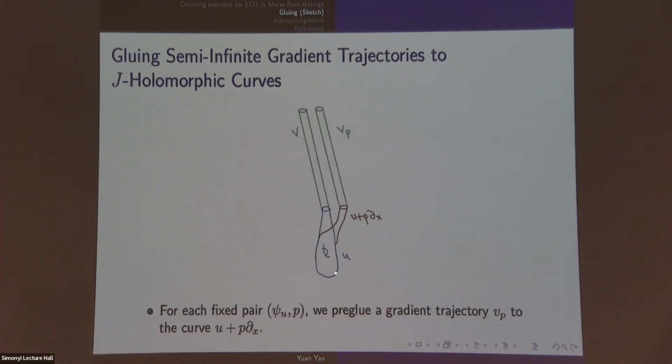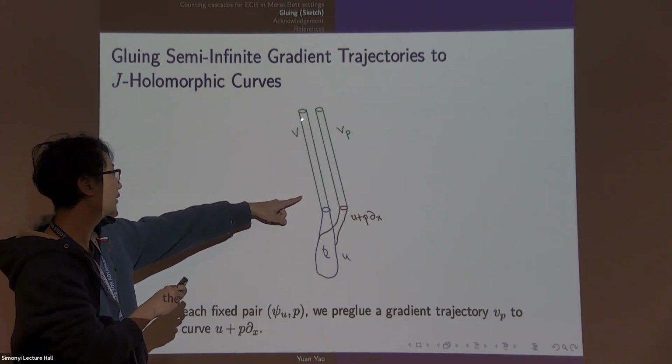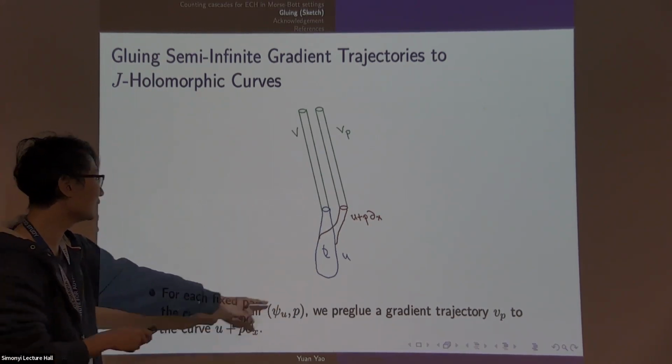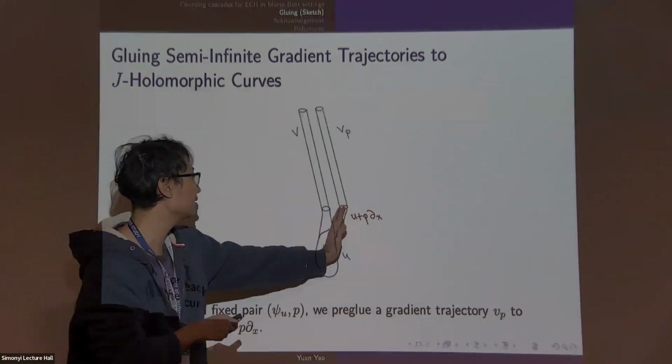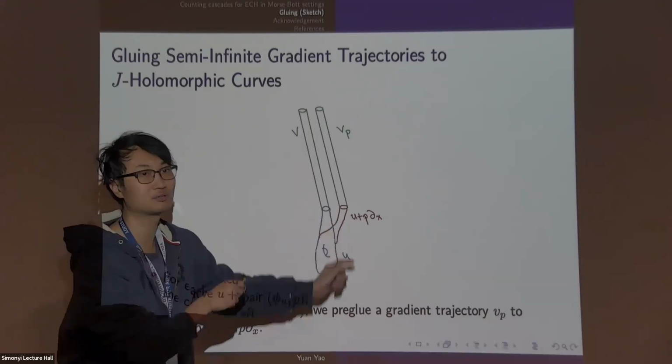What I'm going to do is that for each pair psi u and p, we pre-glue a gradient trajectory Vp to the curve u plus p dx. Another way to say this: for each value of p, I choose a different pre-gluing. If I just had u, I would pre-glue to this gradient trajectory. But for a value of p that's non-zero, I move the end of u by p and then pre-glue to a different gradient trajectory starting over here.